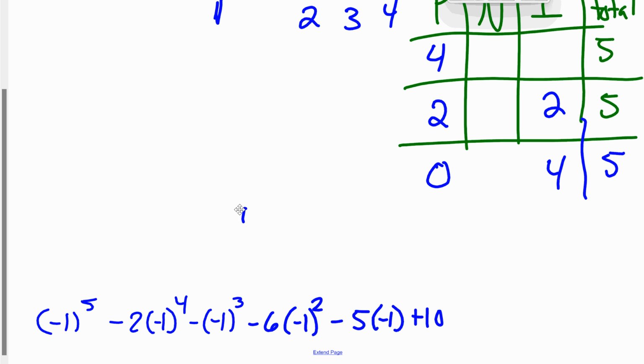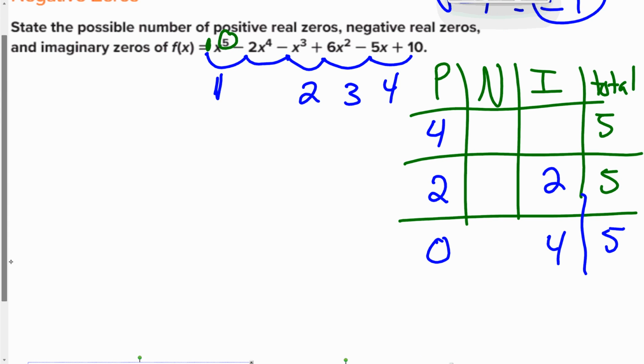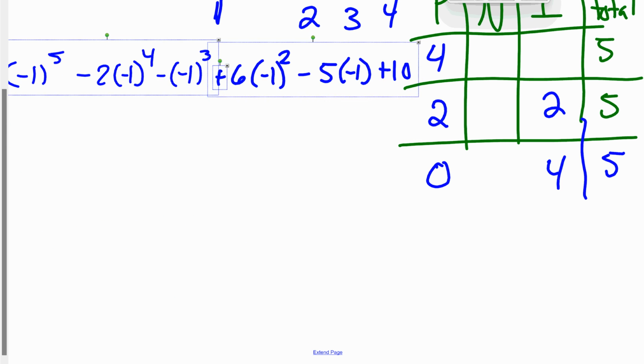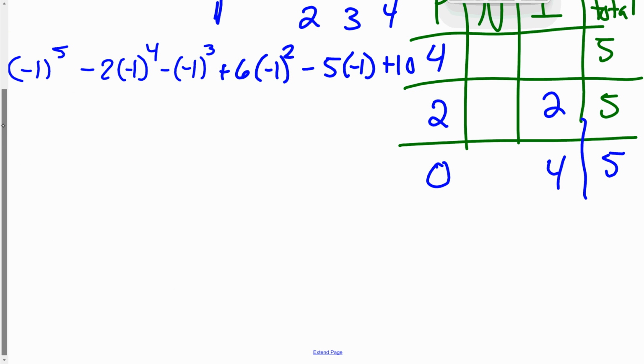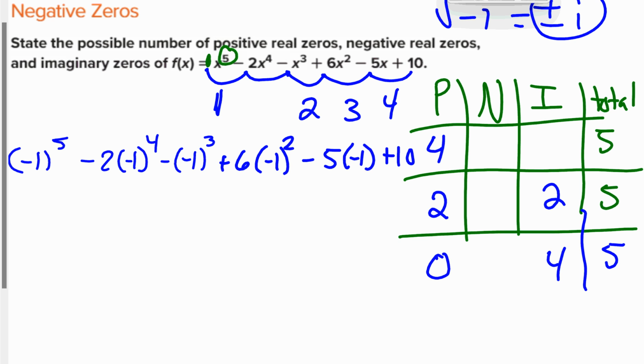So I'm going to rewrite all my polynomial here, the x to the 5th, x to the 4th, and all that, and I'm plugging -1 in for all my x's. And then I reevaluate what my coefficients would be.